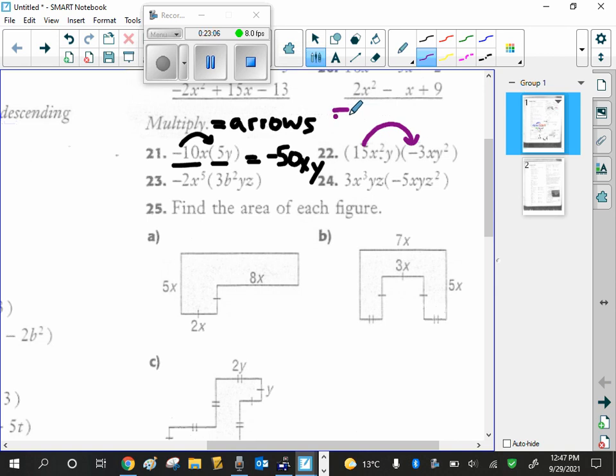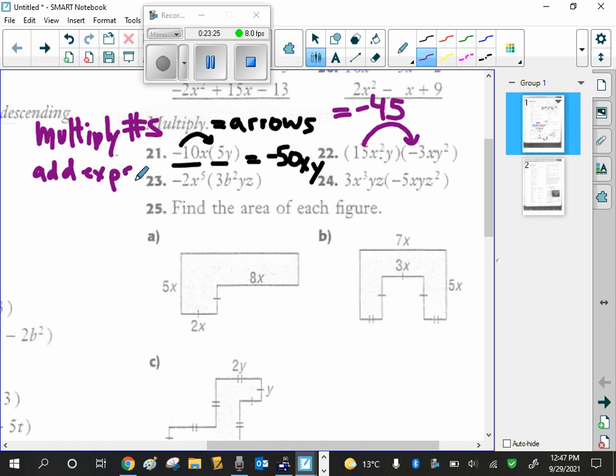Well, you multiply 15 times negative 3, negative 45. So let's write down, multiply numbers and add exponents when you multiply variables.